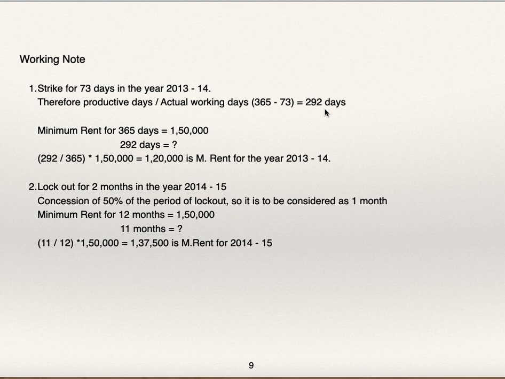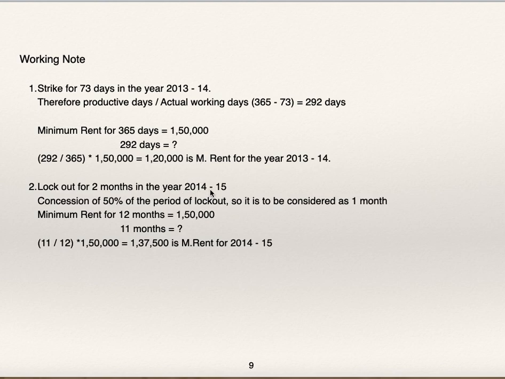For 365 days, minimum rent is 1,50,000. For 292 days, what should be the minimum rent? 292 divided by 365 into 1,50,000. Minimum rent for the year 13-14 is 1,20,000.